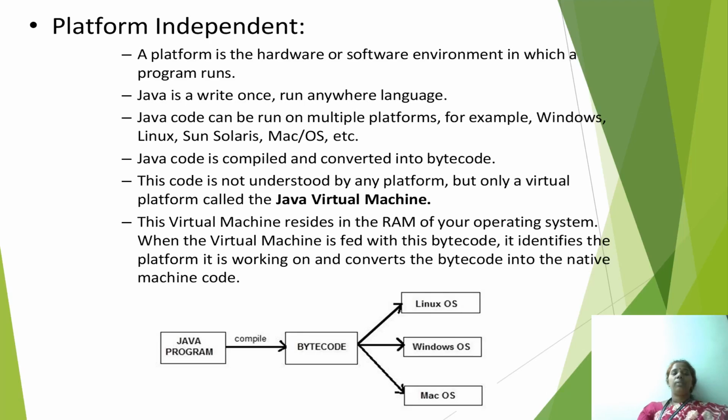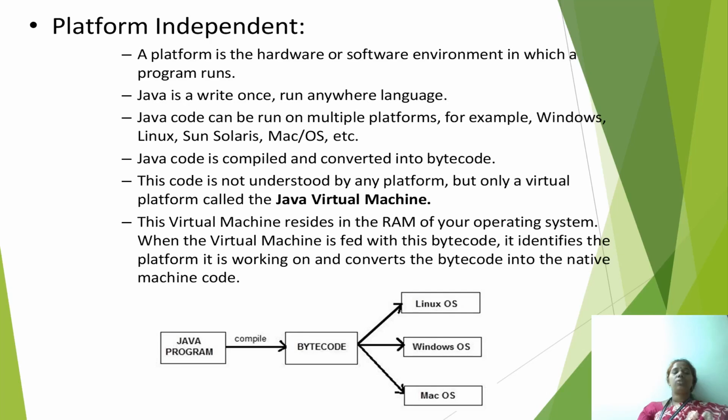What is a platform? A platform is the hardware or software environment in which a program runs. Java is a write once, run anywhere language. It is called WORA. WORA means write once, run anywhere. Java code can be run on multiple platforms, for example, Windows, Linux, Sun Solaris, and Mac OS. Java code is compiled and converted into bytecode.